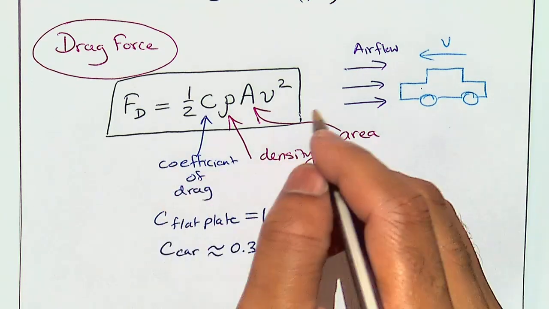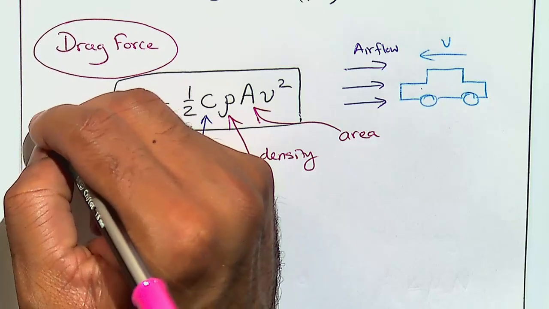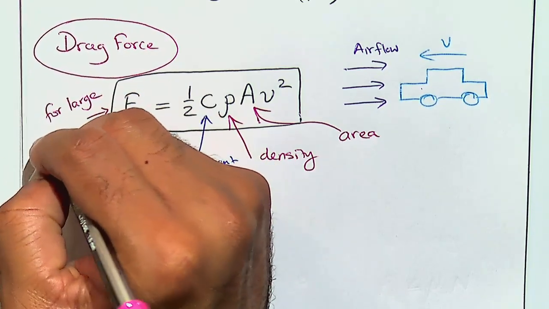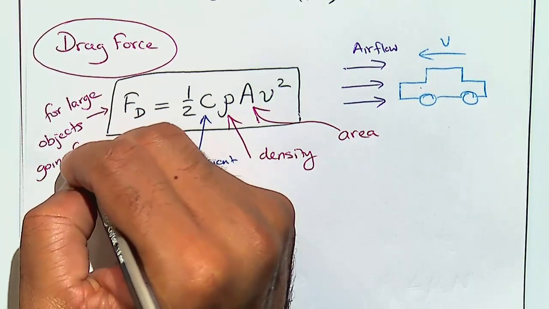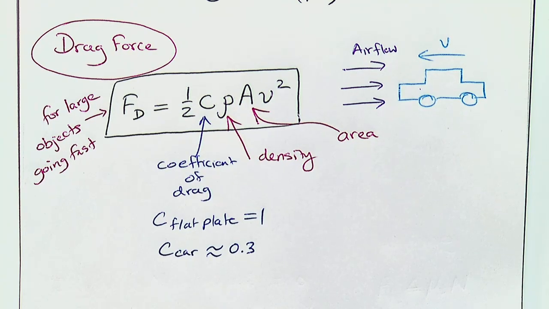So this equation is for large objects going relatively fast. Think cars, think airplanes. Large objects going relatively fast, this is what you want to apply.